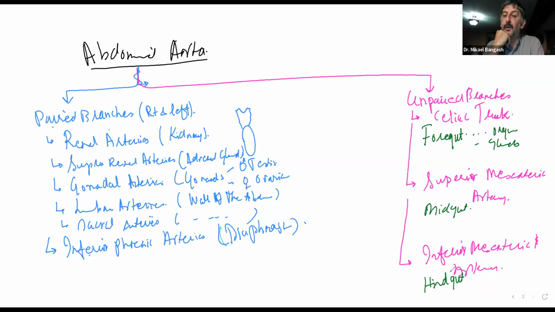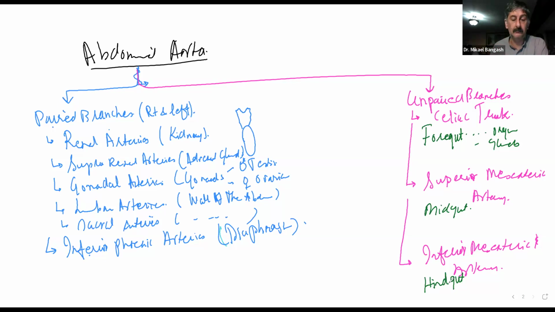Now what was your foregut? Mainly your stomach and the first 2/3 of your duodenum. What was your midgut? The last 1/3 of the duodenum, all of the jejunum, all of the ileum, cecum, ascending colon, and the first 2/3 of your transverse colon.